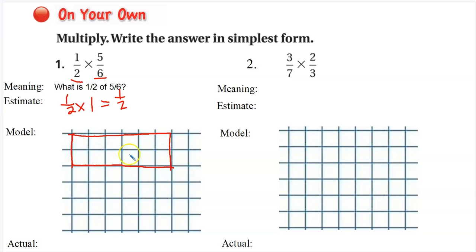So notice I've got 2 rows, so that means I'm highlighting one of the rows because that's what half is. So I highlight this row. That is my fraction 1/2. And then notice that there's 1, 2, 3, 4, 5, 6 columns. And the number up here is 5/6. So I want to highlight 5 out of the 6.